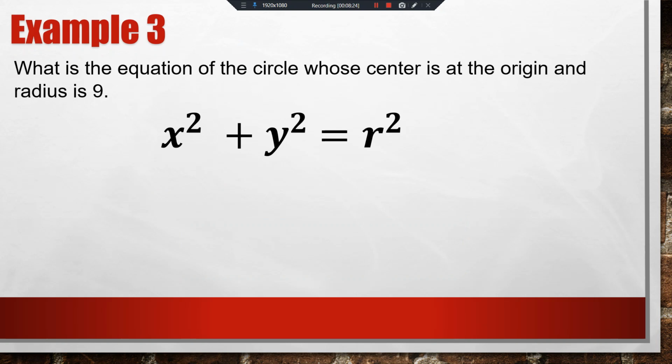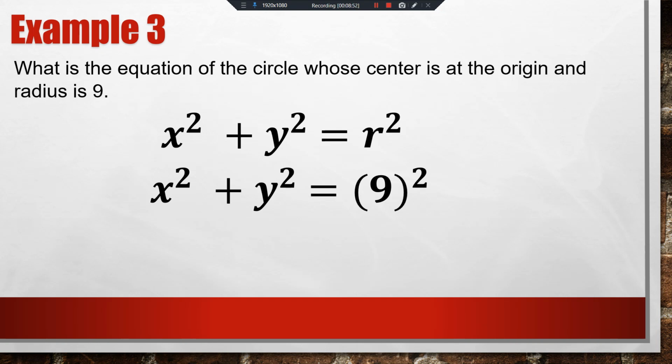Since the only given that we have in the problem is the radius, what you're going to do is just simply substitute your r by 9. So no need to transpose or substitute the x because there's no center, because the center is in the origin.